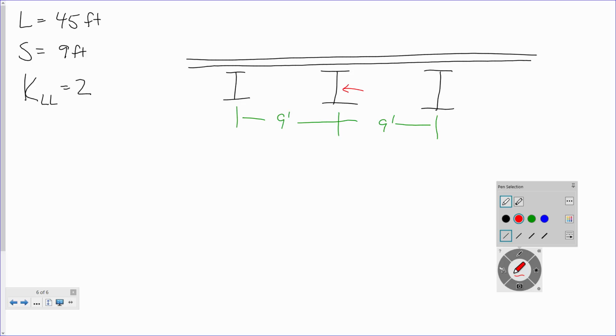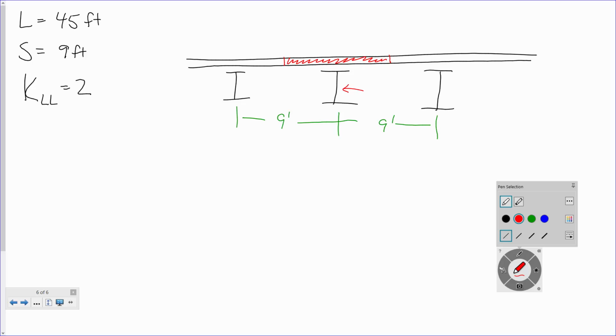Okay, now, I'm going to pick any one of these beams, and I'm going to try and determine its tributary width. Now, if you haven't heard of this, tributary width is how much a given beam is responsible for. In other words, would a fair statement be that this beam is responsible for all the floor halfway over to the next one, halfway over to the next one? In other words, this shaded area right here, that is the part of that floor that that beam is responsible for.